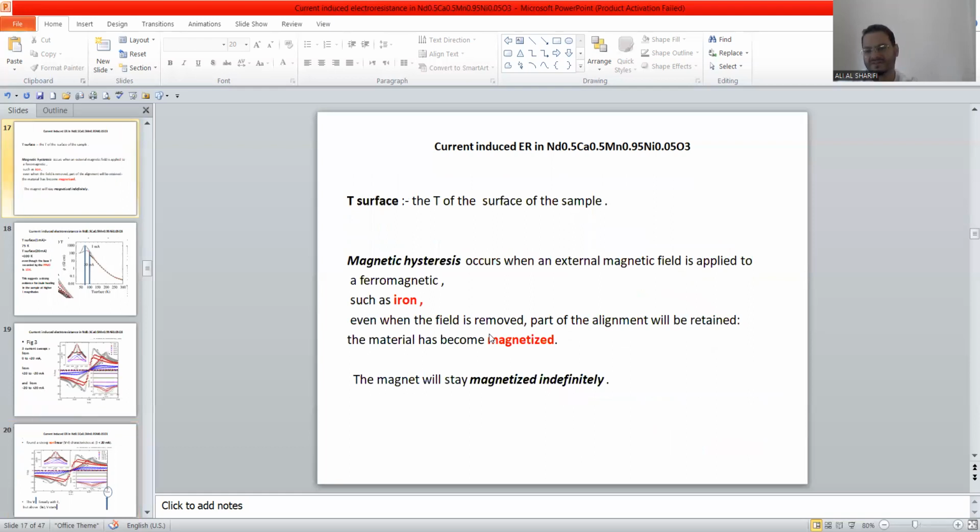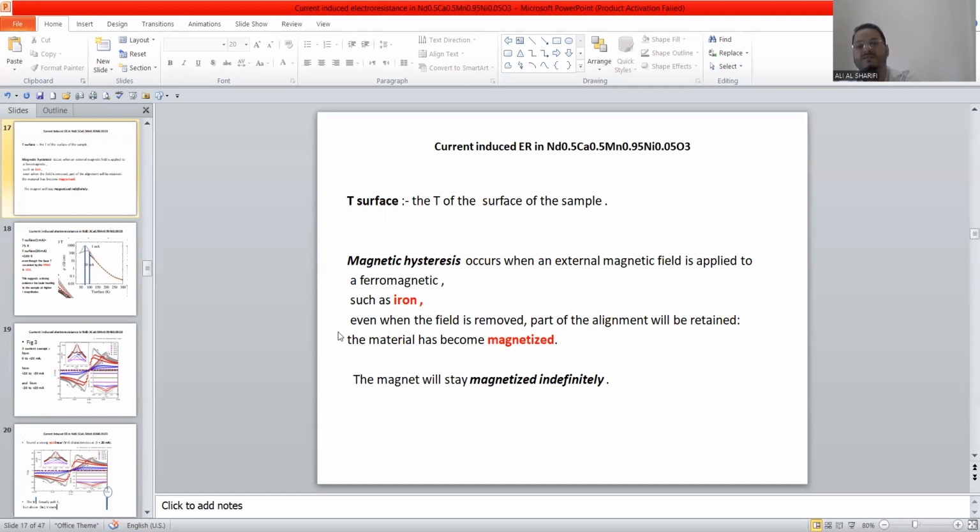What is the T surface? T surface is the temperature of the surface of this sample, and it's different from one sample to another. Magnetic hysteresis occurs when an external magnetic field is applied to a ferromagnetic such as iron, even when the field is removed.